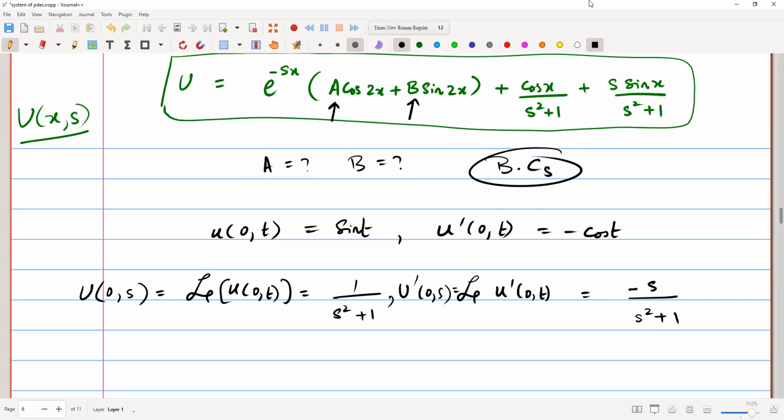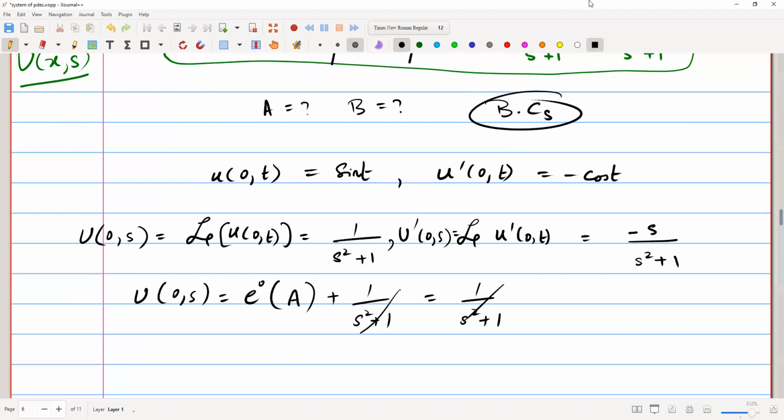So u of 0 comma s equals e to the power 0 times a plus cosine 0, which is simply 1 over s squared plus 1, and sine 0 will be 0, and it equals 1 over s squared plus 1. So this will cancel out, and it implies that a equals 0.